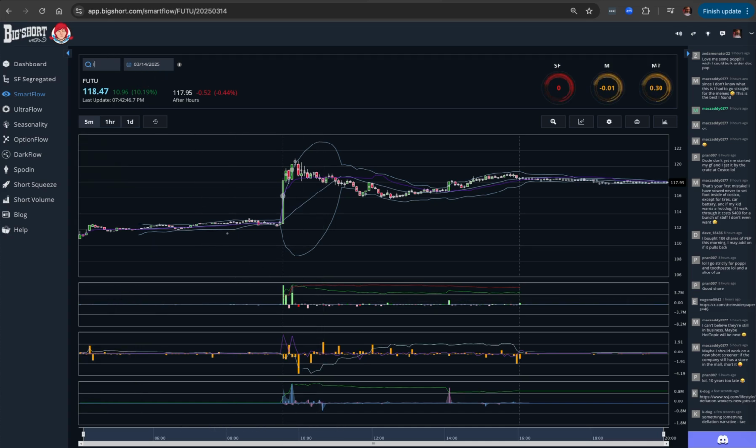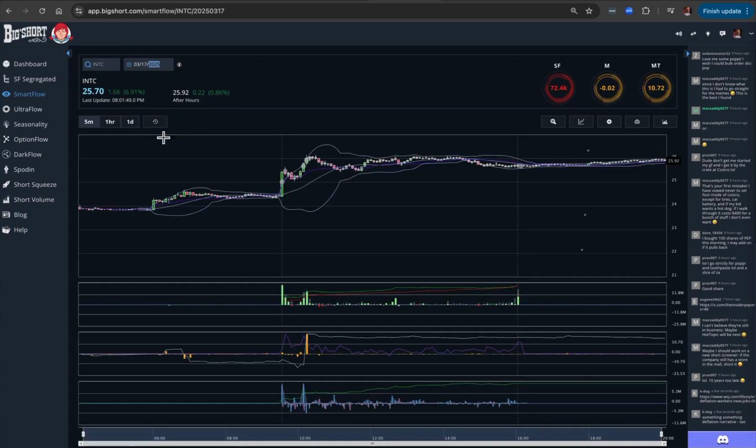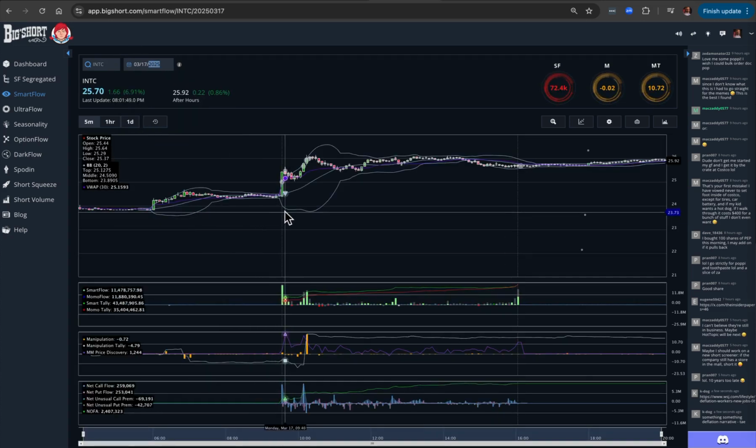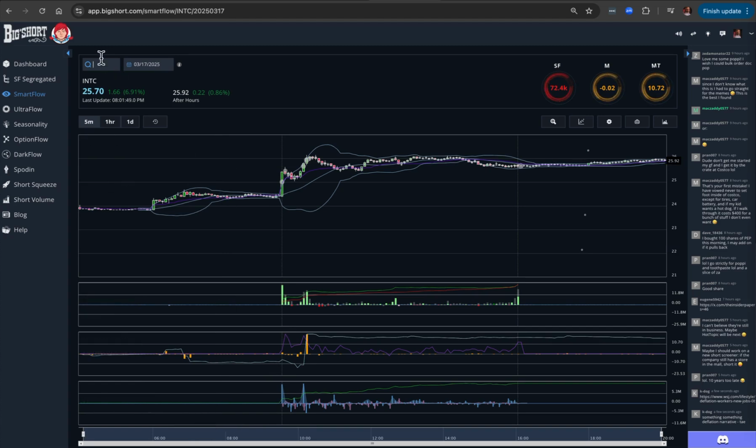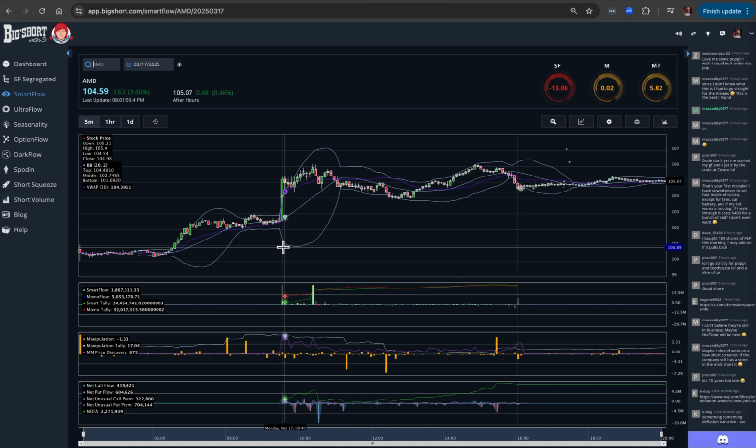If we take a look at our other two targets, INTC from today, we can also see really quickly that the same thing holds true. Above zero for both smart and NOFA, and if we look at AMD, the same thing holds true again here. Above zero, both AMD and INTC.